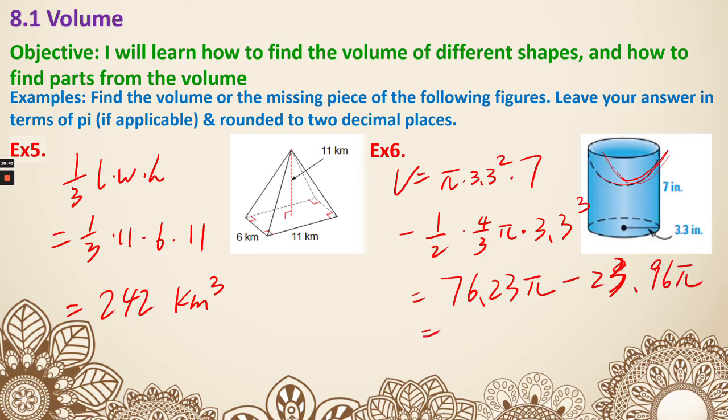After subtraction, that's going to give you 52.272 pi. Of course, we still need to actually replace the pi to find the actual number, which is going to be 164.22. And the unit is inch cubed. That is example 6.